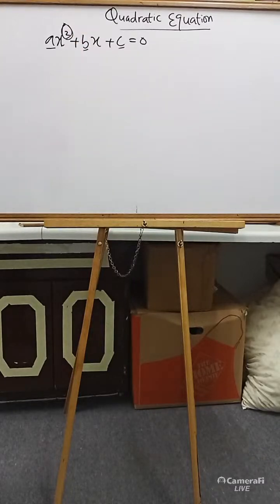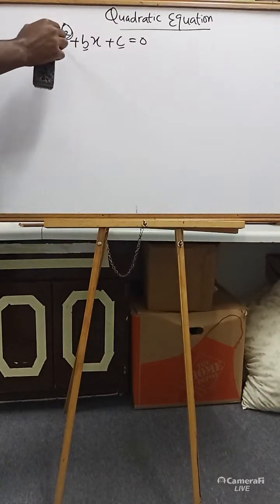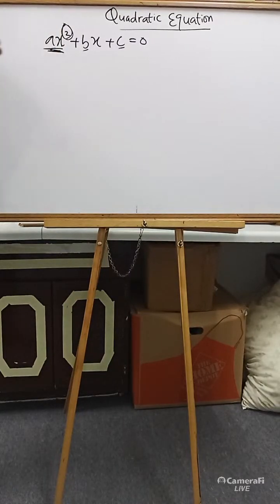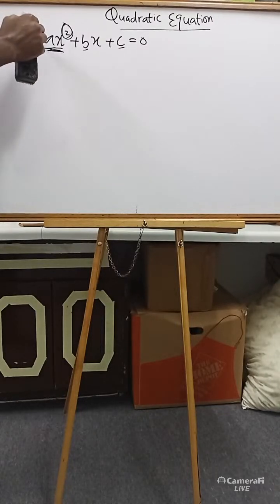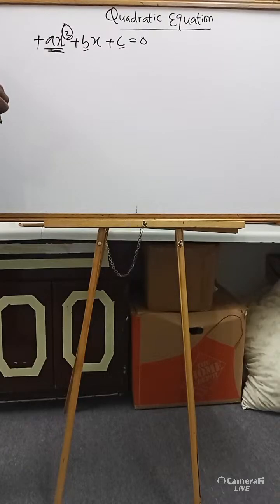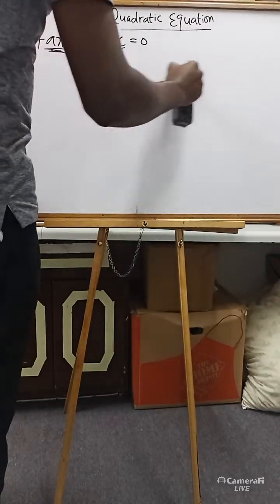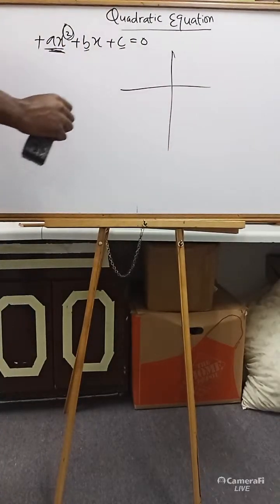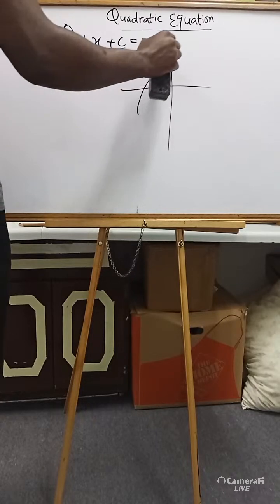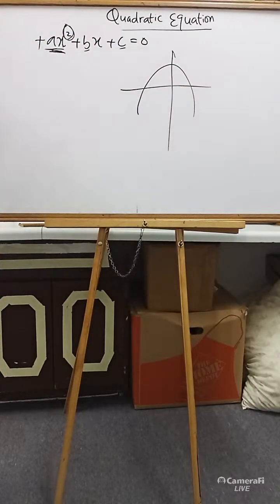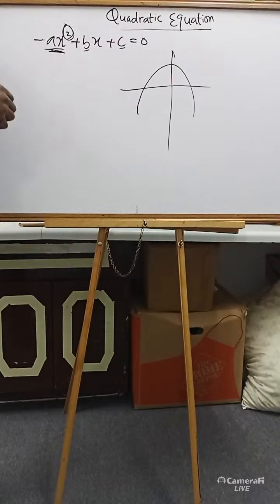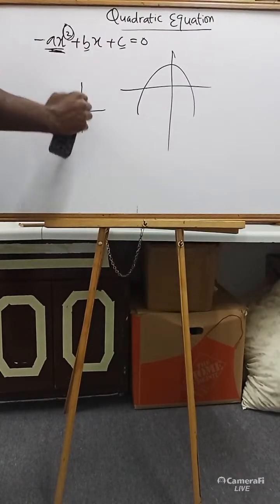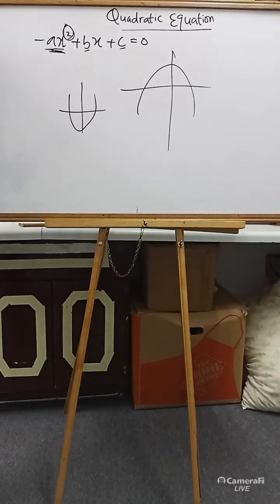One thing I would like to explain is that the sign of the leading coefficient determines how your graph behaves. If the leading coefficient is positive, it faces down. But if your leading coefficient is negative, then it faces up.